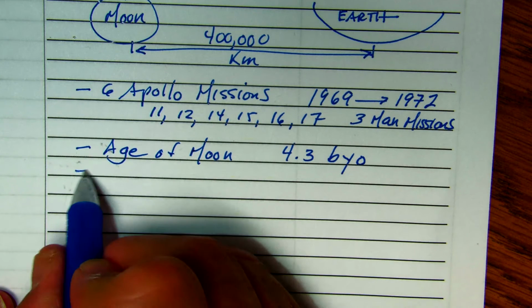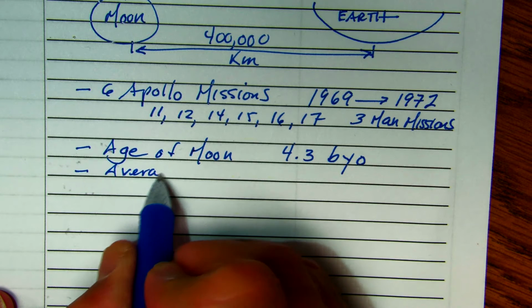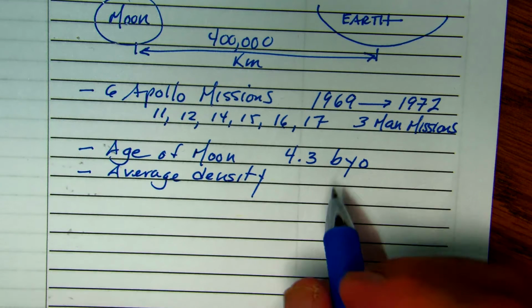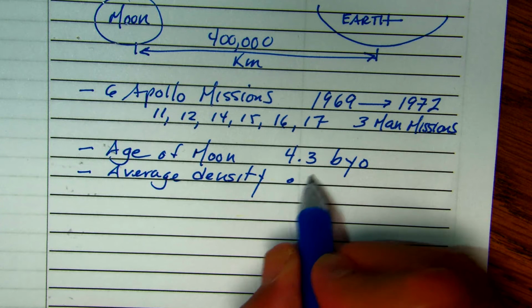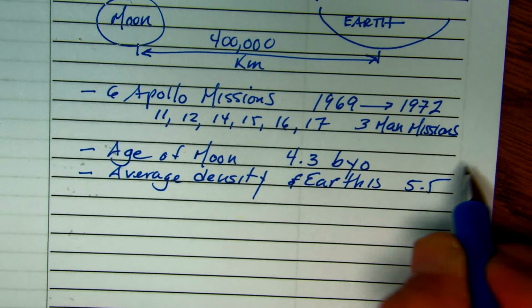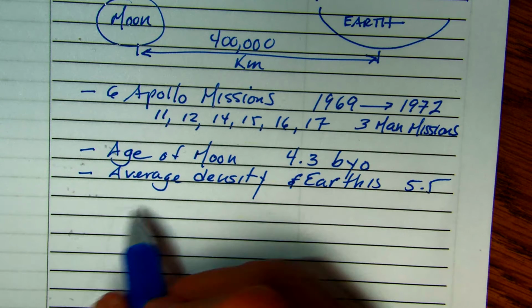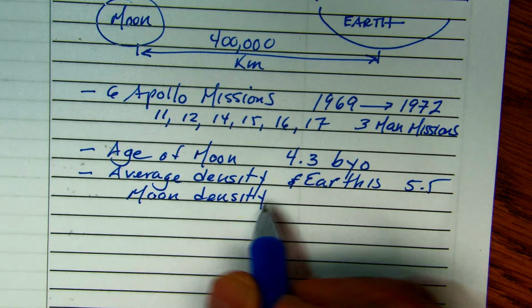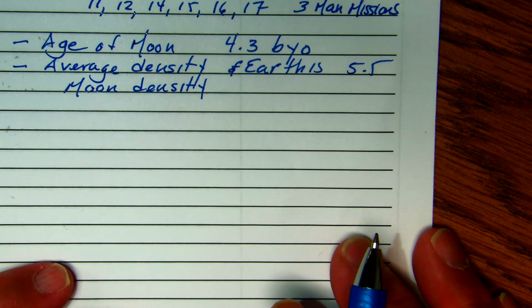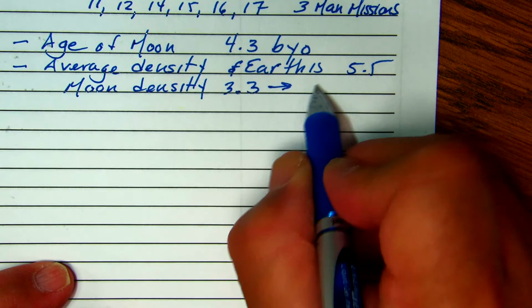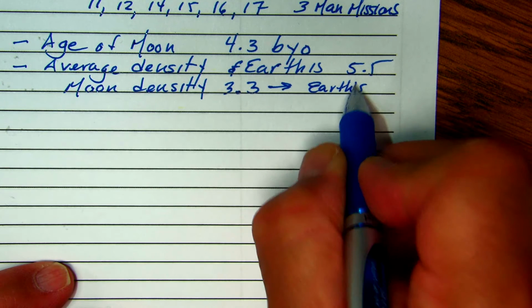The average density, first of all, let me give you of Earth. Of Earth is 5.5. The moon density is 3.3, which approaches the Earth's mantle.